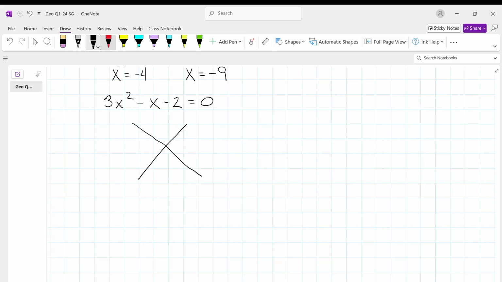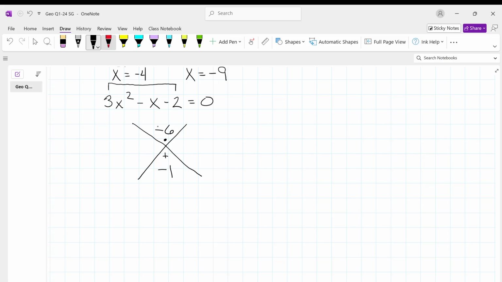So when this leading coefficient is other than 1, in the top of this cross goes your A times your C. So this is -6. We got to multiply to -6, and we need two factors that add to this -1.